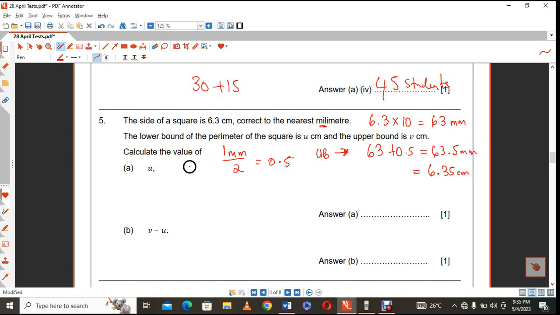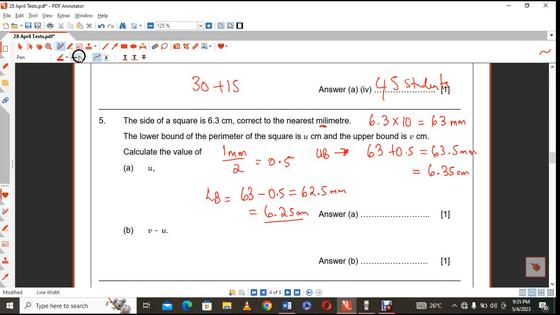Okay, so I'm going to do the same for the lower bound. So the lower bound, the LB, because it's 6.3 correct to the nearest millimeter, would be 63 millimeters minus 0.5, which gives you 62.5 millimeters. But this then translates to 6.25 centimeters.